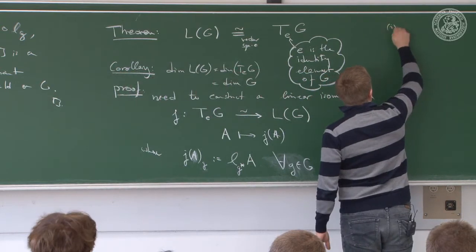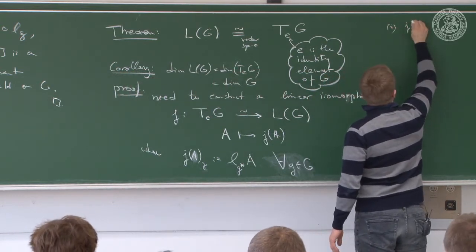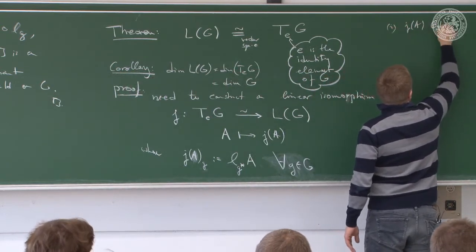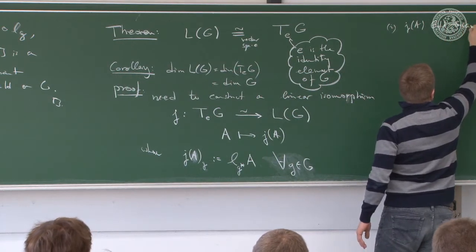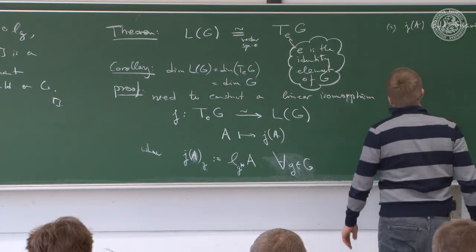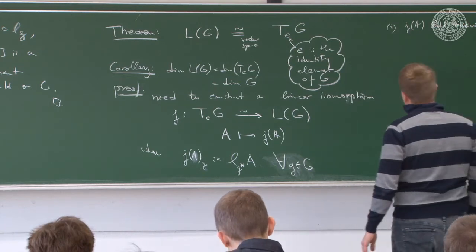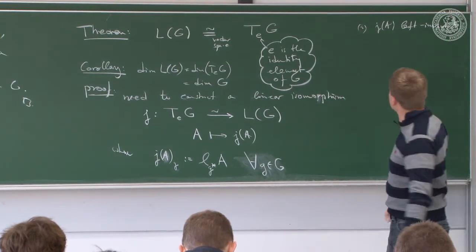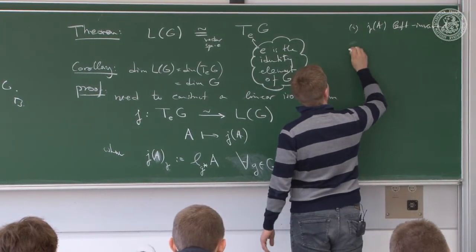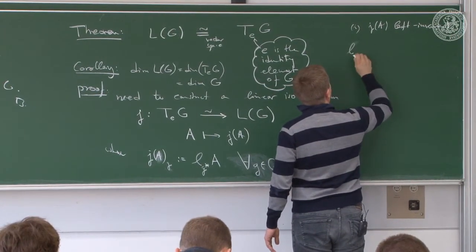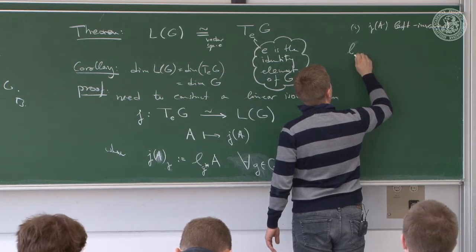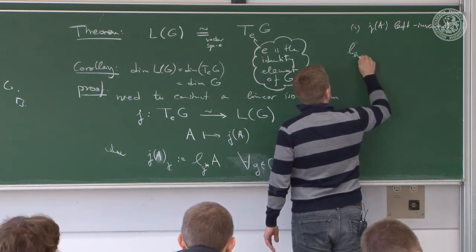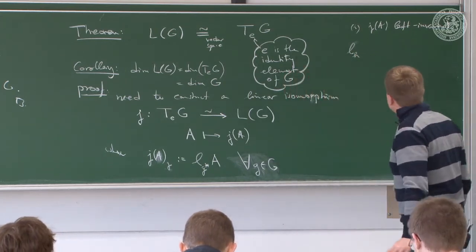So one step is to show that J of A is left invariant. How do we do that? Well, now we use the second formulation we had, which is the most convenient. I use L_H, so I push it by an H, that doesn't matter.